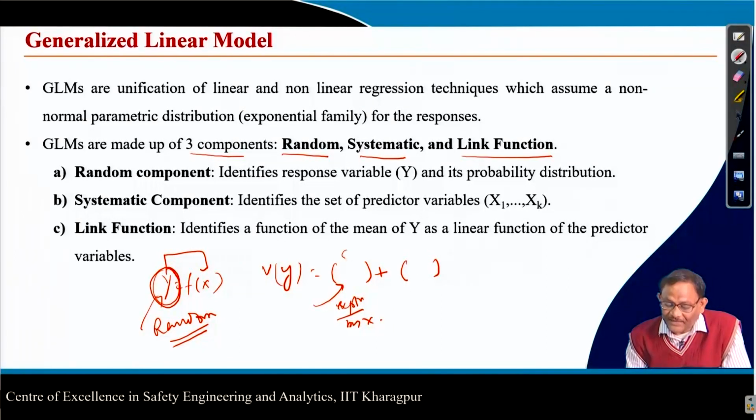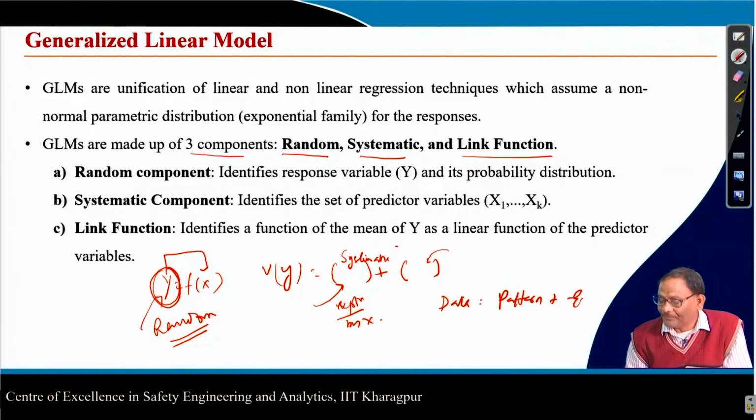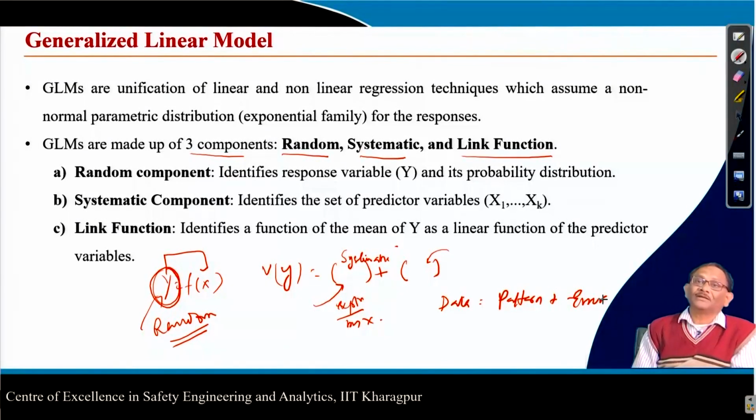So, that means what is possible or explained by x, that is the systematic part of it. What is not possible, the random part of y. That is why many times we say data equals pattern plus error.